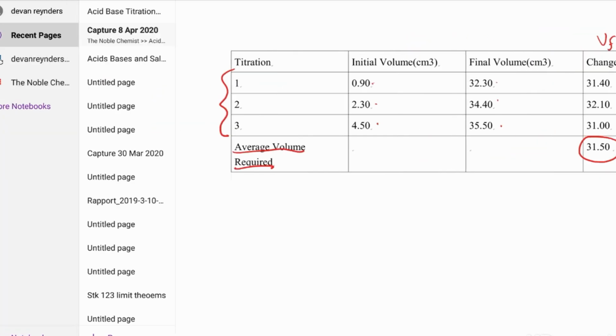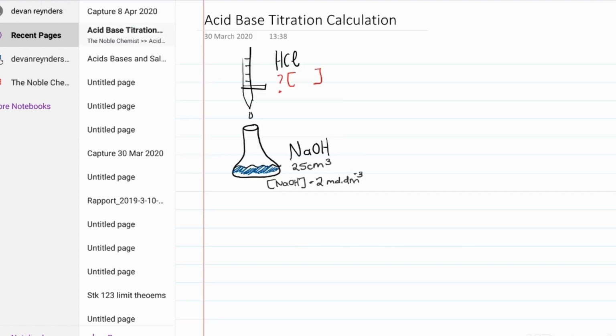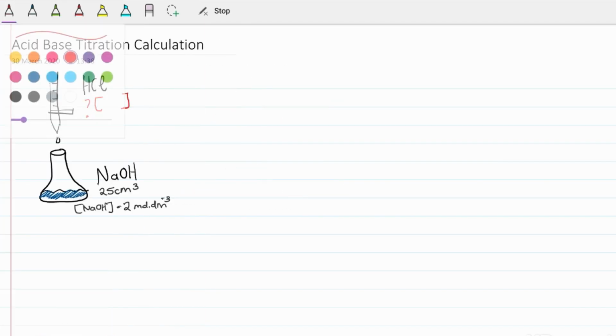Okay, so now I'm going to show you the titration calculation. Before you start analyzing your data, it's always important to look at what you are actually doing and what the balanced reaction equation is.